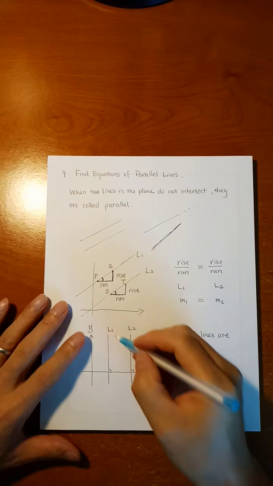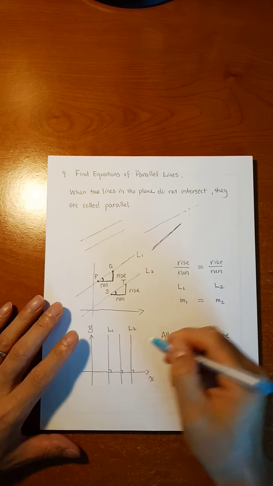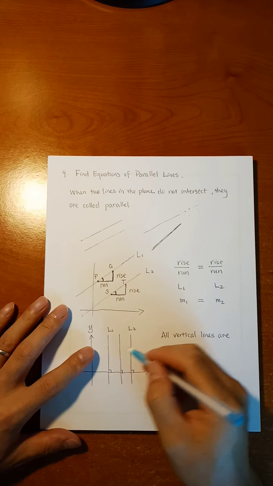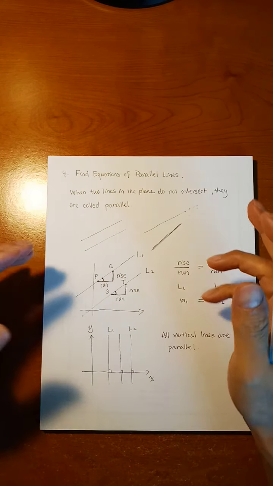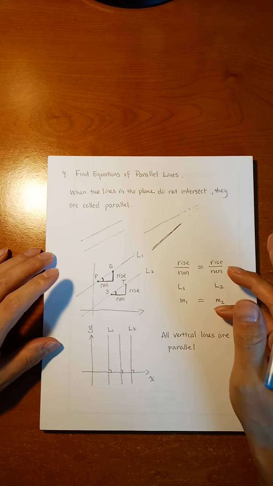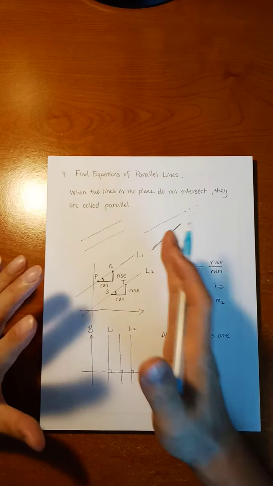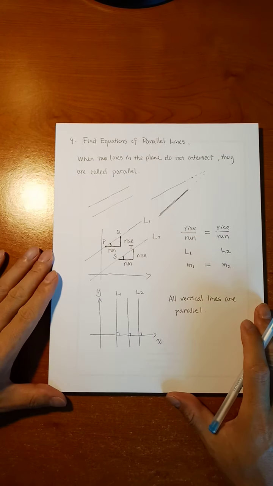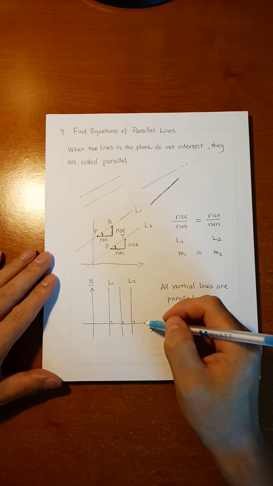Here these two lines are parallel. If you draw another vertical line, it is also parallel to either of them. So all the vertical lines are always parallel. So when we talk about the characterization of parallel lines, usually we just mean non-vertical lines. Okay, so we only focus on non-vertical lines.